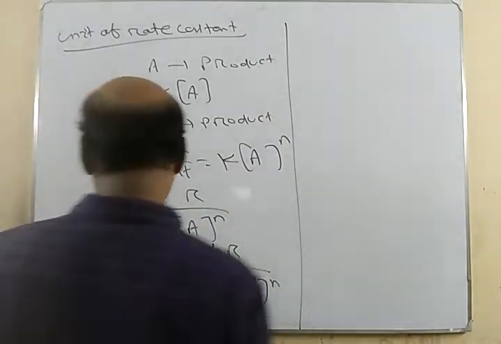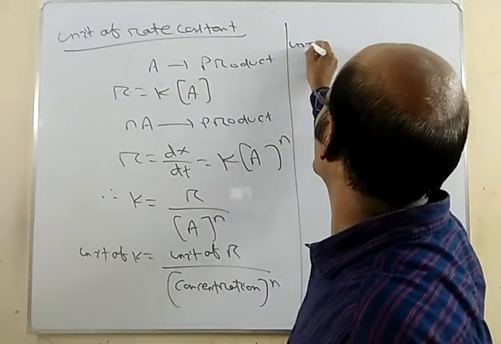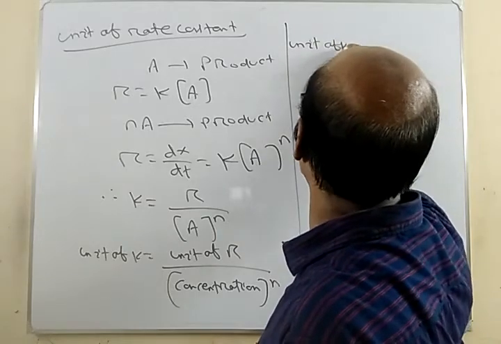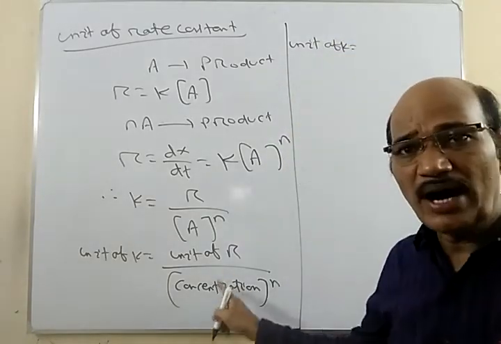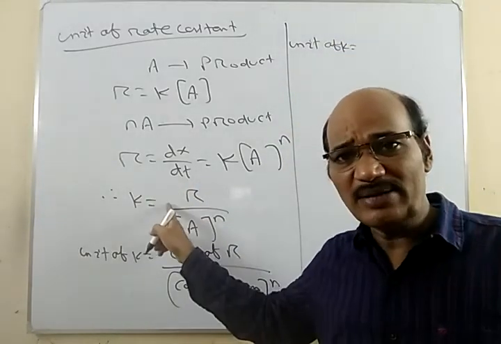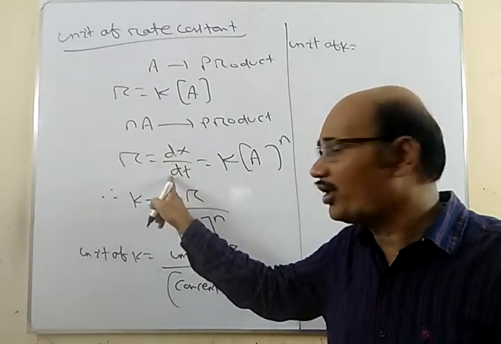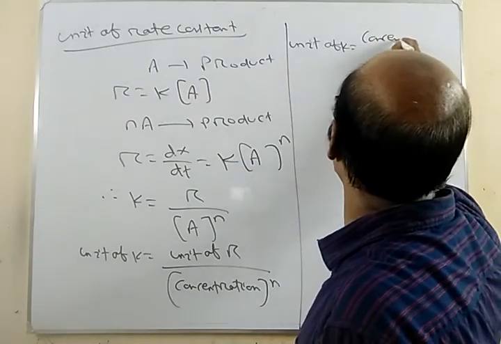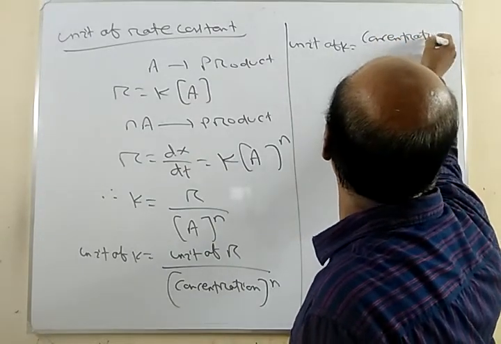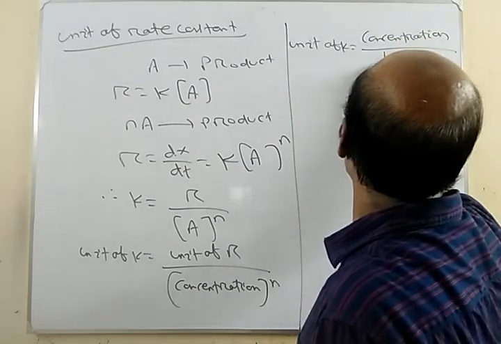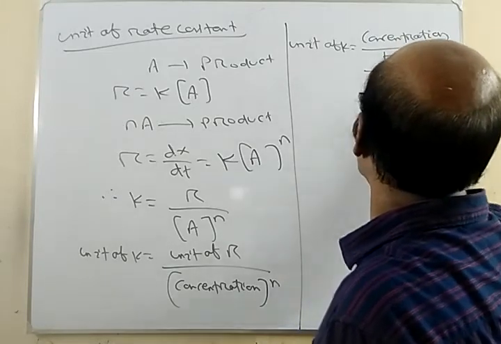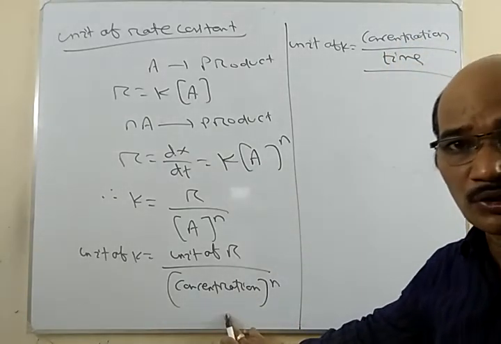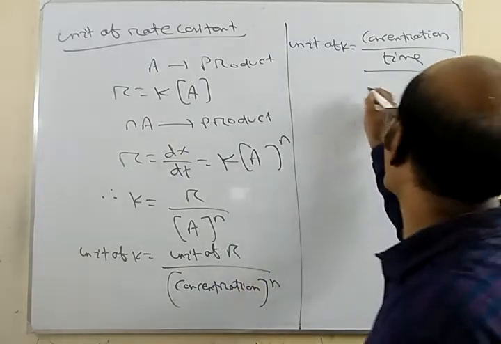Now see, the unit of K is equal to the unit of R, which is dx by dt, that is concentration per time, divided by concentration to the power n.